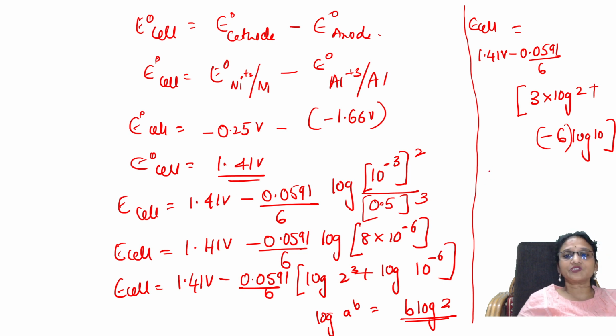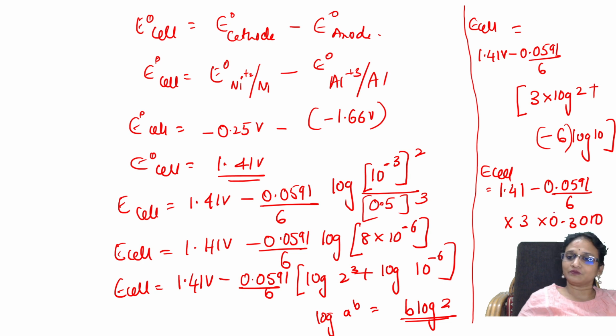So further I'm going to simplify this as E cell is equal to 1.41 volt minus 0.0591 by 6 into, there is no place, that's the reason students, into 3, I'm putting like that. Log 2 value is 0.3010. Correct?